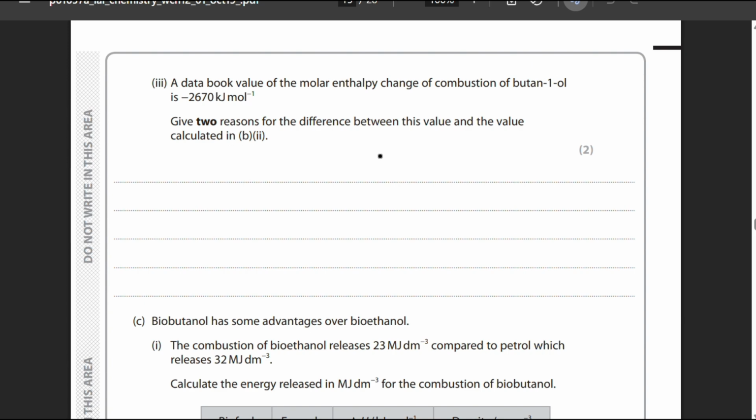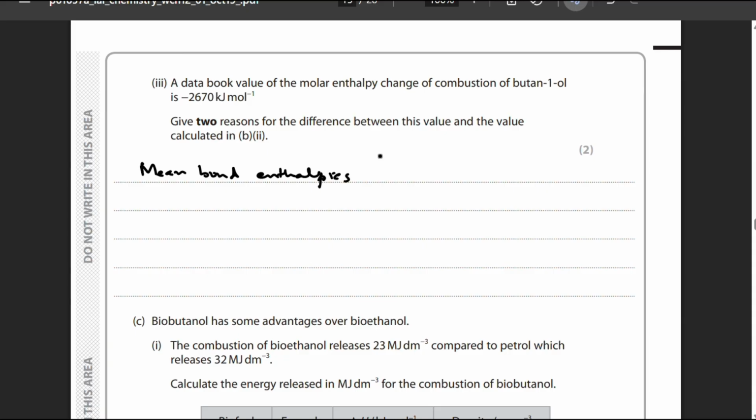So there's a difference in the value which is given in the data booklet and the value which is calculated. The reason is that the mean bond enthalpies don't refer to specific values. They are basically the averages for different molecules and in different environments.